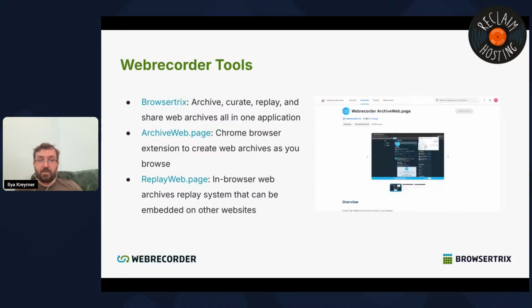Then we also have ArchiveWeb.page, which is our browser extension that allows you to manually create archives as you're browsing. And then we have ReplayWeb.page, which is the in-browser viewer that is used by both of these other tools. And if there's a chance, maybe I'll demo one of them at the end.